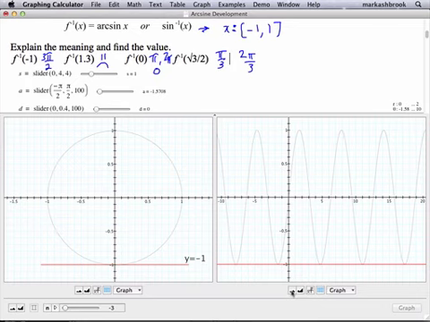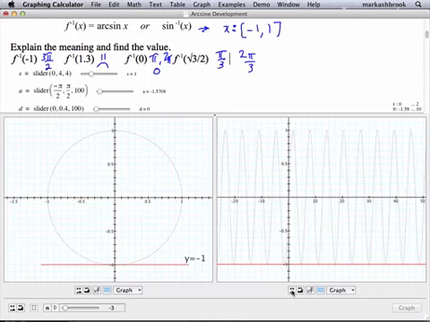How many angles then give a vertical distance of -1? Infinitely many, right? Because you can just keep going. I could keep showing you more of that curve, and there's all these places down here.